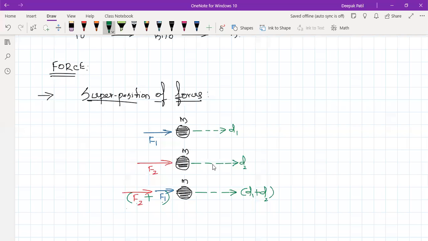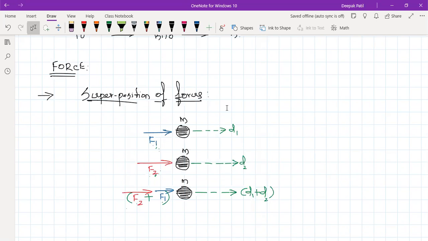The effect of these two forces is to move the body through a distance d1 plus d2. The combined effect of these two forces acting on a body or a rigid body is the sum of effects of individual forces. This is very simple to understand, and it is called the principle of superposition of forces.